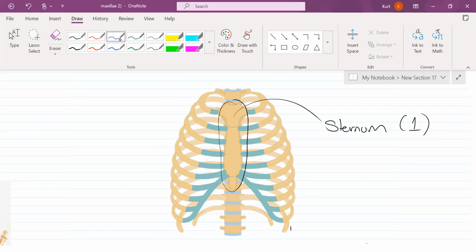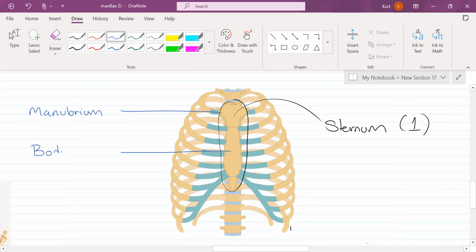What are the three parts of the sternum? Well, here they are. The top or the head of the sternum is called the manubrium. The middle of the sternum is called the body. And the bottom of the sternum is called the xiphoid process, the xiphoid with an X.